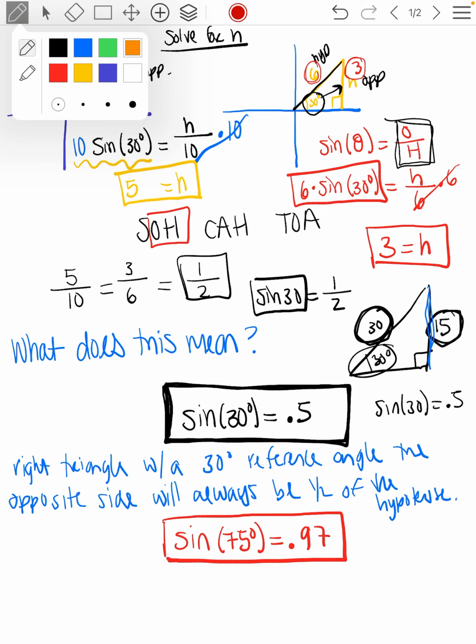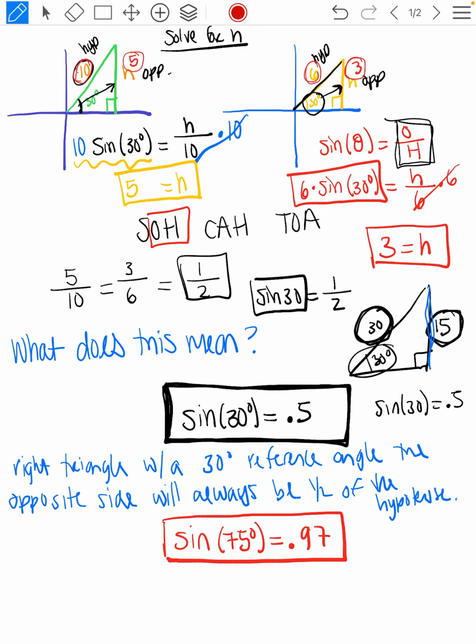Similarly, hopefully it makes a little bit of sense to you that as we increase the angle, so say this is my angle of 30 degrees, as I increase the angle, if I make that angle open wider, so hopefully we can see that this angle is bigger than that, the height is going to get bigger as well.